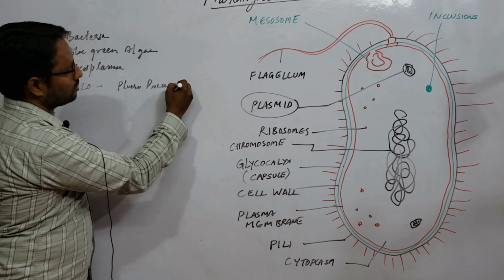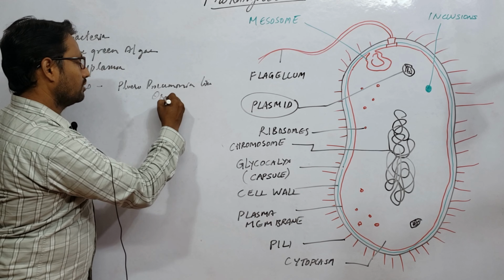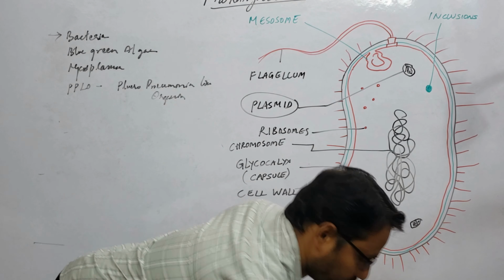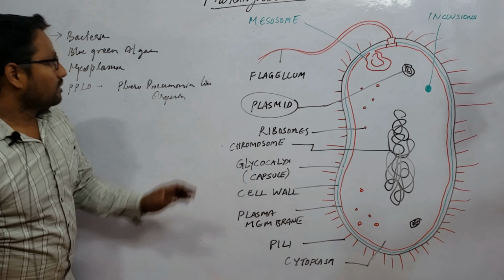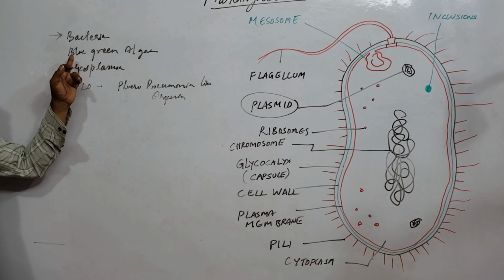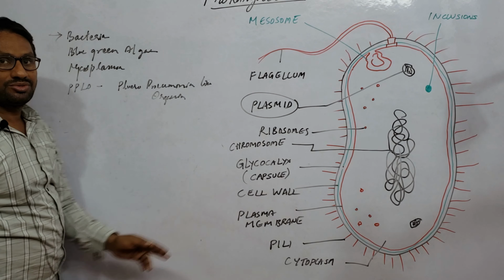So prokaryotes are represented by bacteria, blue green algae, mycoplasma and pleuropneumonia like organisms.